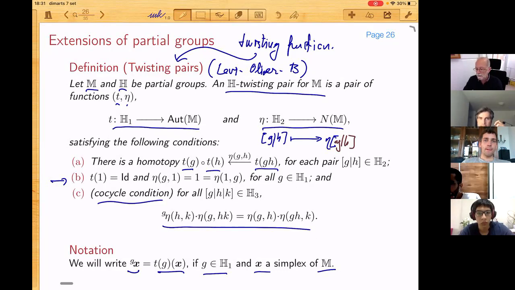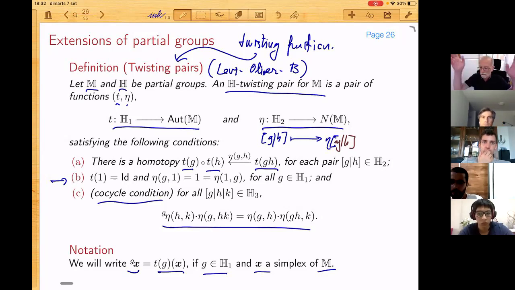So is the idea of this definition that in the case of partial groups, the only thing that we need to keep track of is the low-dimensional data? Exactly. And this is all due to the spine operator, which is injective, right?